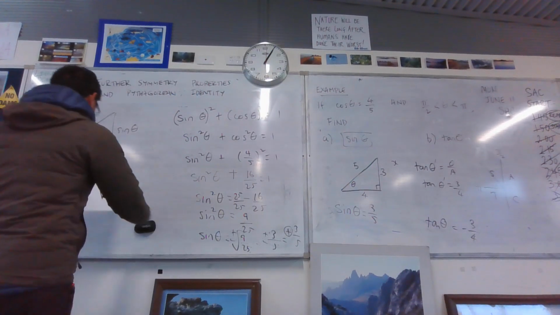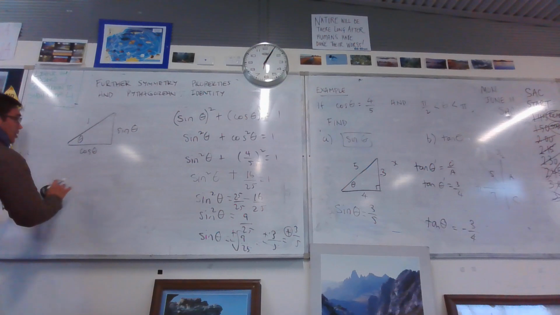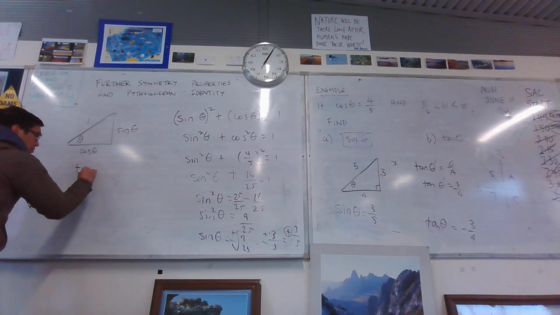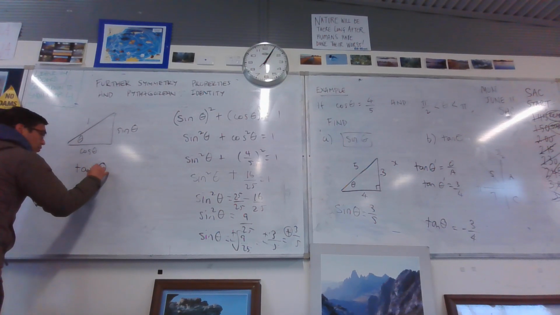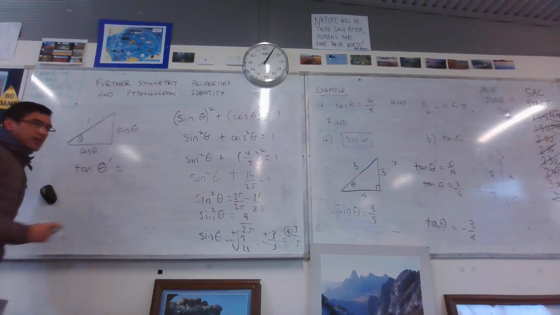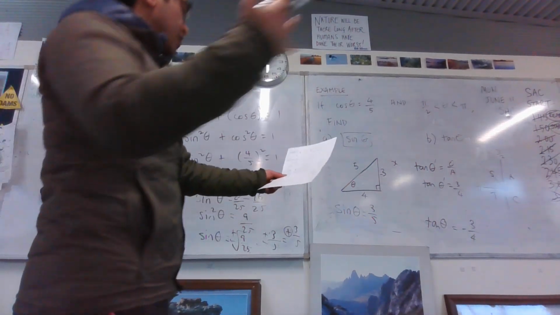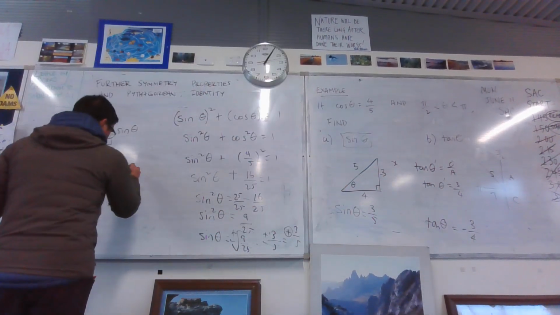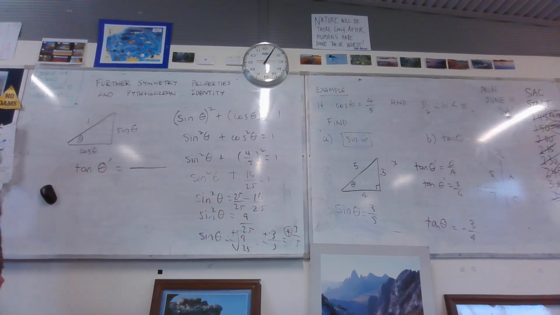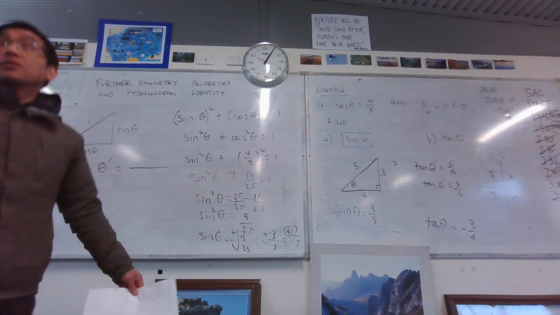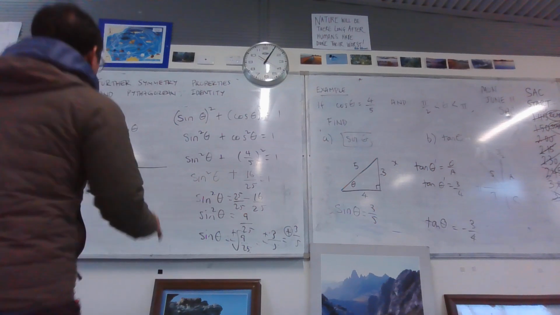Okay. Lastly, to get our tan, remember for tan, it's a good idea to put a dash as our preliminary answer. What is tan really? Something over something. It's sine on cos.